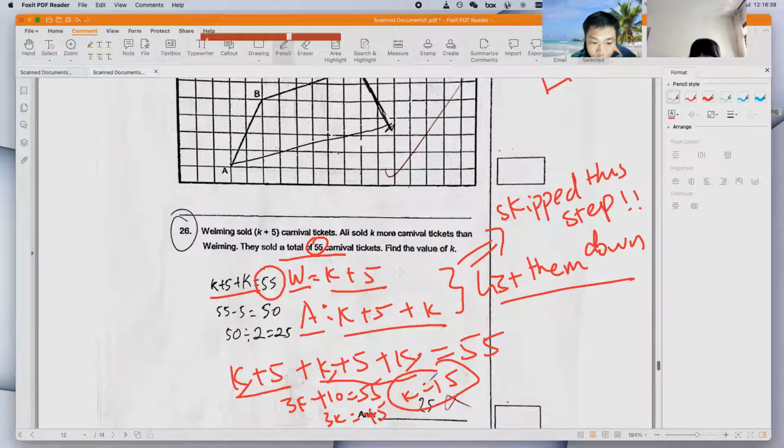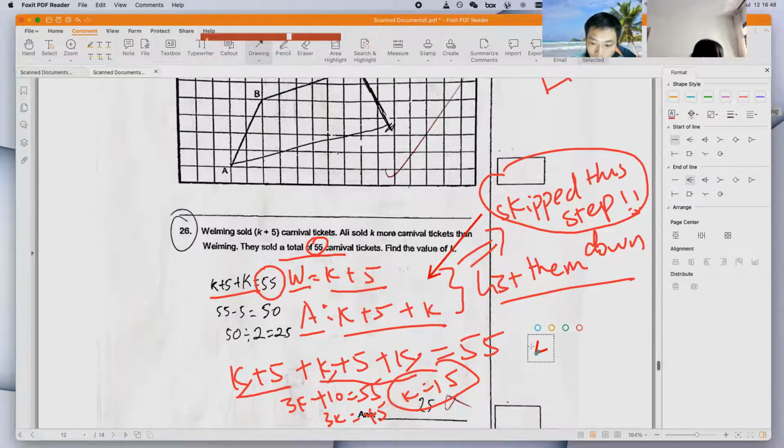The reason why you are wrong is you have skipped this step over here. Don't skip this step next time. Or rather, you should not skip any step. Every step counts.